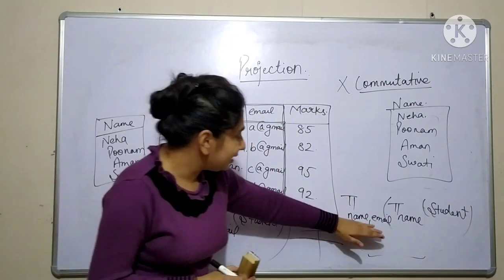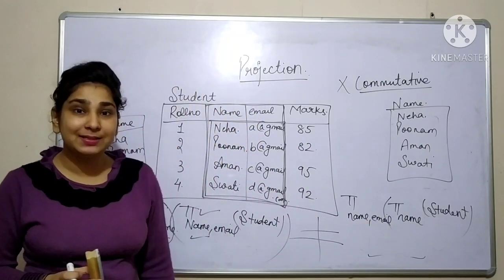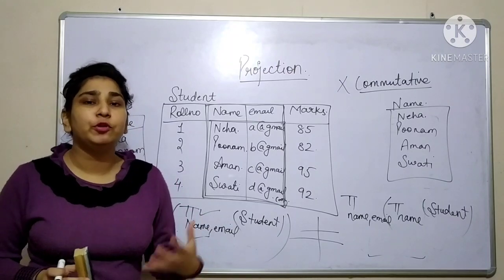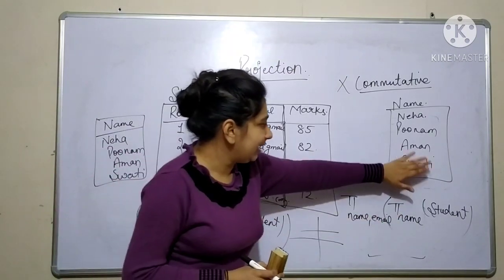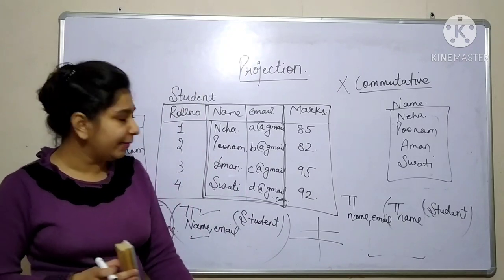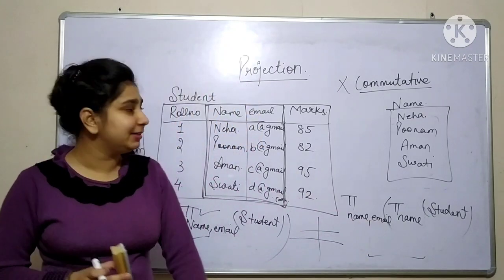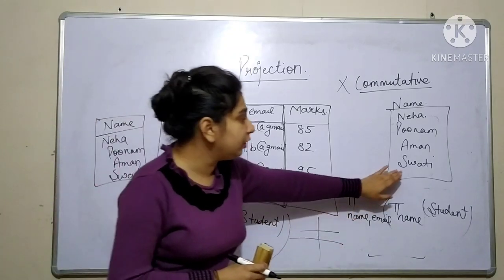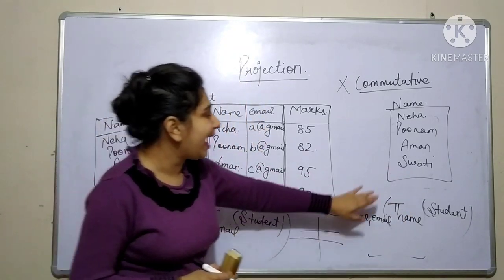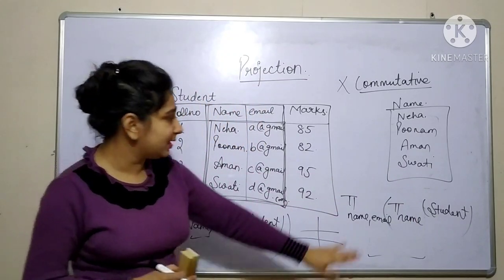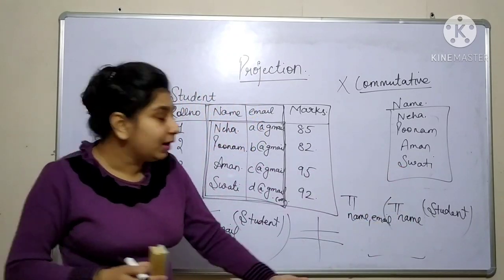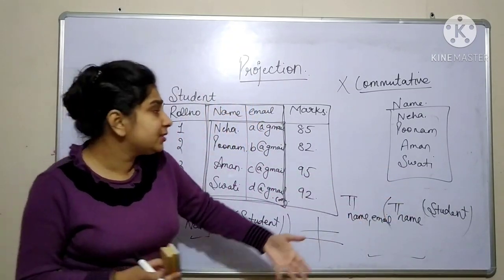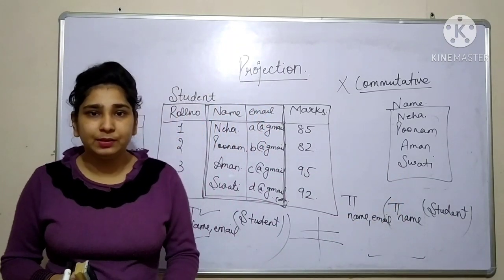Now what this second projection operation says is that we have to filter this relation and get the name and email ID out of it. But if you look at it, we just have the name attribute in this relation. We cannot get email ID from this relation because it does not have an email attribute.